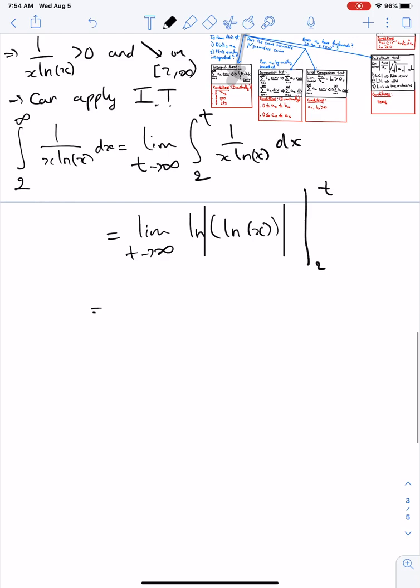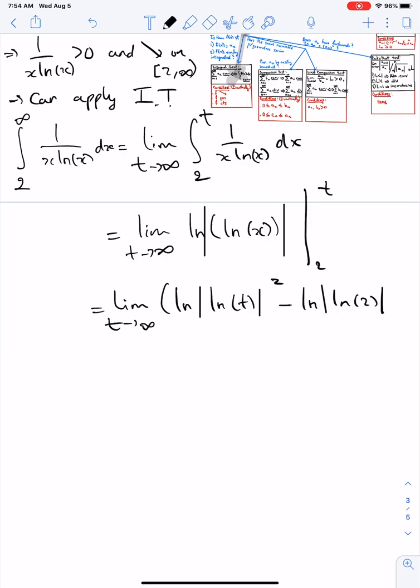So this equals the limit as t approaches infinity of ln of the absolute value of ln t minus ln of the absolute value of ln 2.